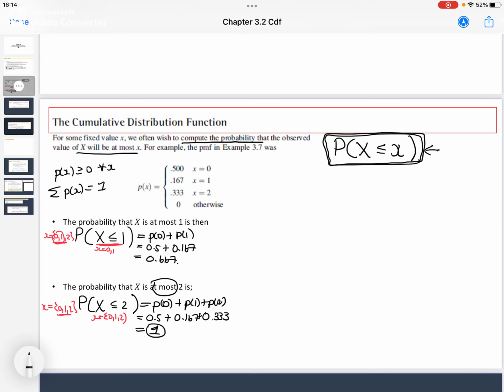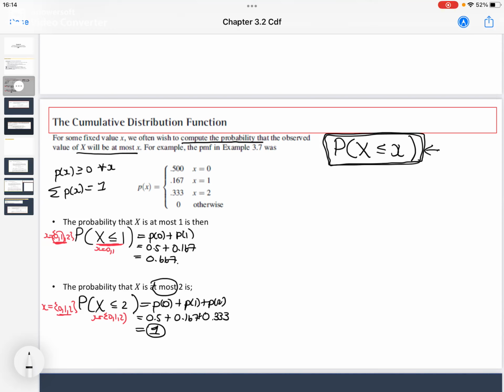Very good. Now let us say we want a general formula to calculate the probability that X is at most 1, or at most 2, or at most 3, or 4, or 5, or any other particular value. What is the probability that X is at most 7? If you're looking at insurance claims, what's the probability that you'll have at most 7 or 10 claims this month?